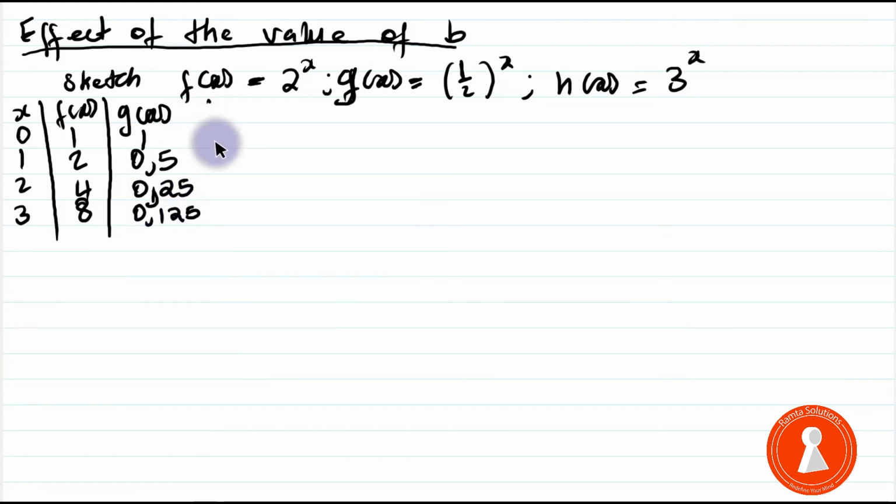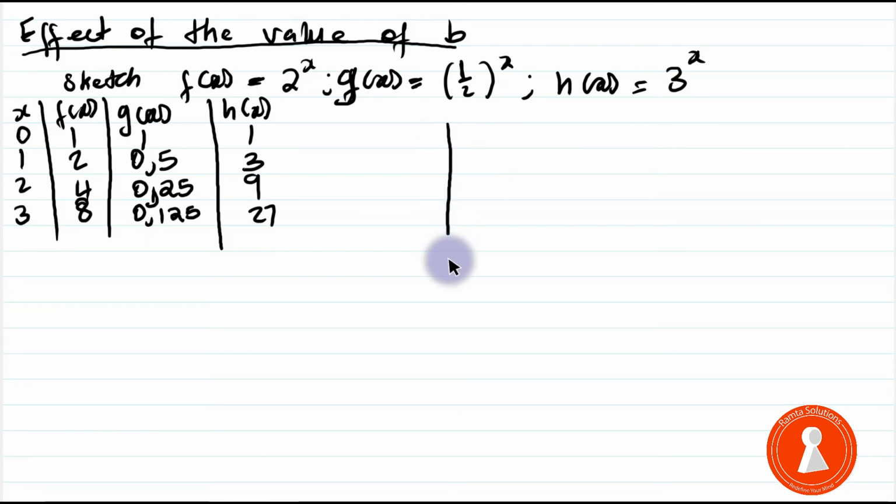Okay, now let's look at h of x. 3 to the 0 is 1, 3 to the 1 is 3, 3 to the 2 is 9, 3 to the 3 is 27. I will not be drawing until 27.